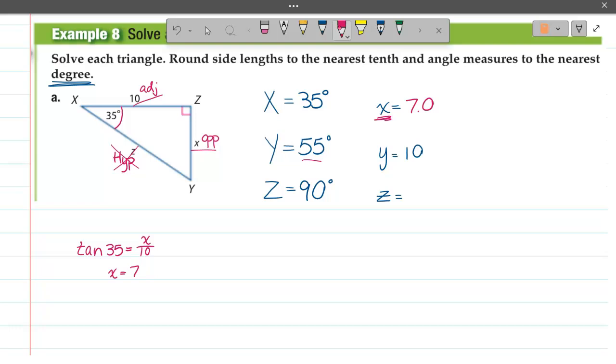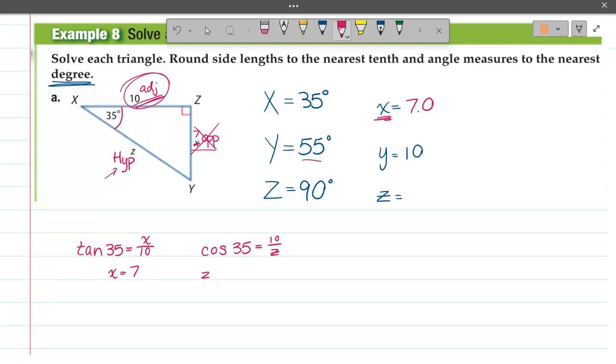Right, now we can find our hypotenuse. We know about the adjacent. Again, we now know that x right here is 7. We could use that, but if we made a mistake, the mistake will carry through. So we always want to try to focus on what we're given and what we want to find. So I'm going to use cosine of 35 degrees is the adjacent over the hypotenuse.